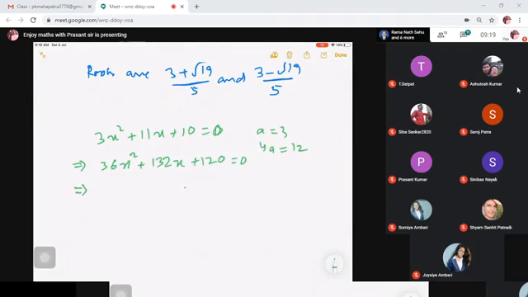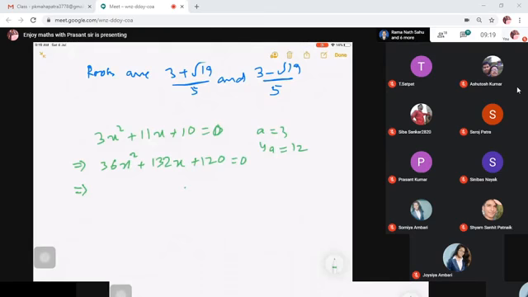So now we have already multiplied this by 12. Now in the first term we have 36x square, that is 6x whole square, plus 2 into 6x into 11, that is 132x. Also you see, if you put b directly here, then also you will get the same thing.